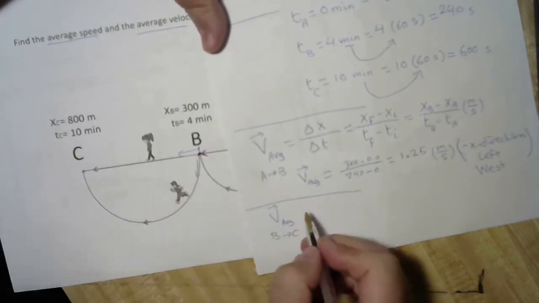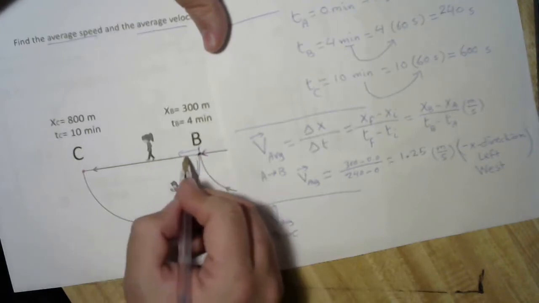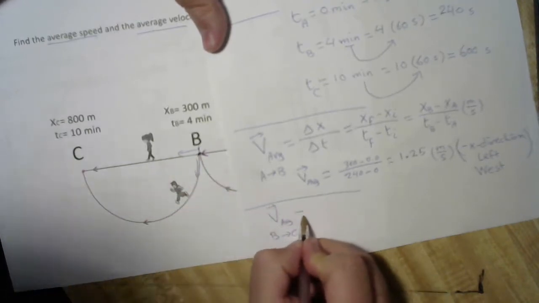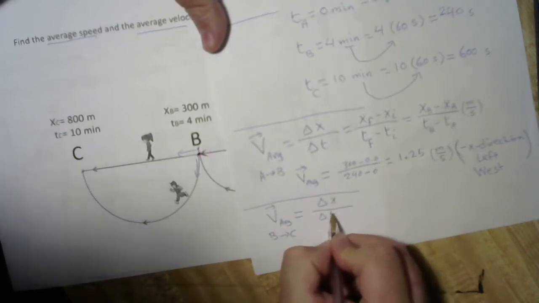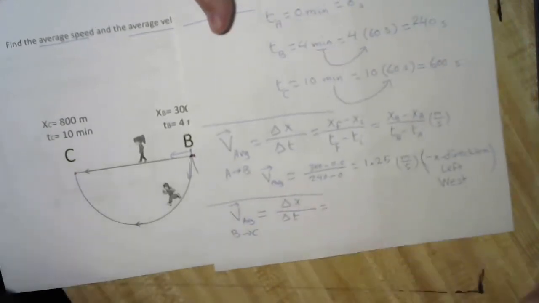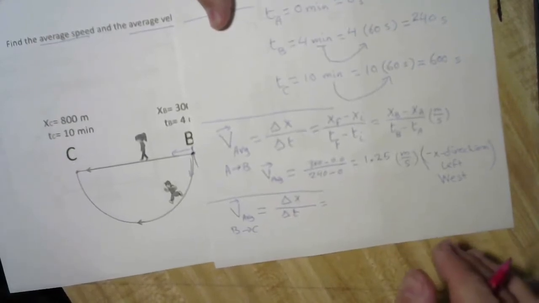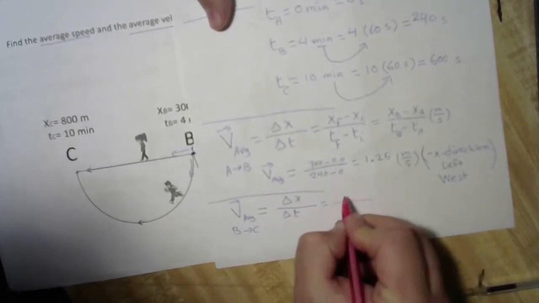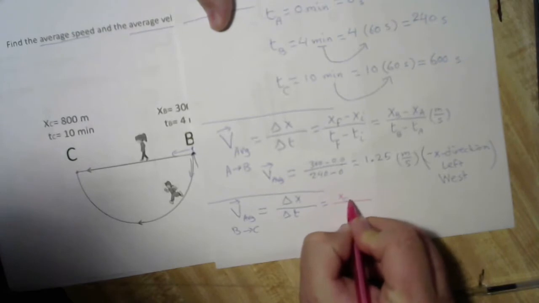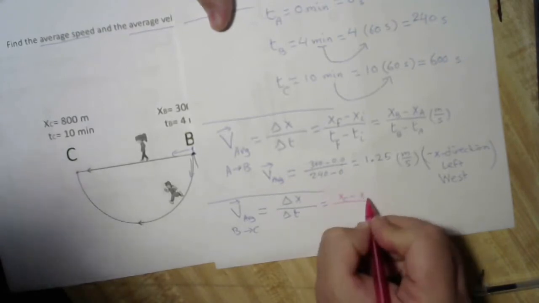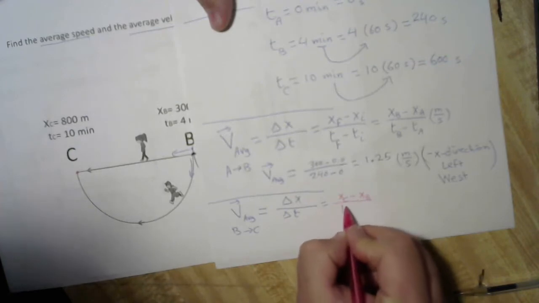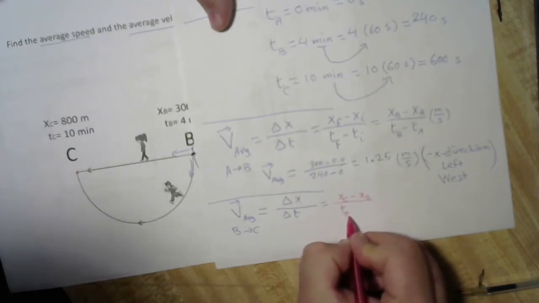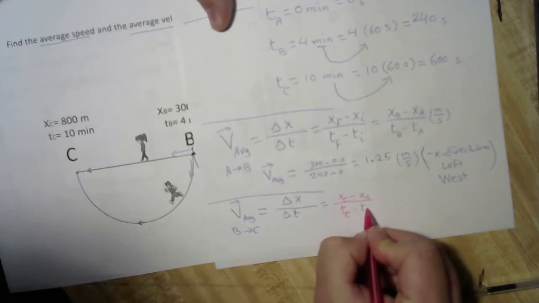Okay, because it is a vector quantity in this case, which is equal to delta x over delta t again, and equal to x c minus x b, which is x final minus x initial, over t final minus t initial, t c minus t b.